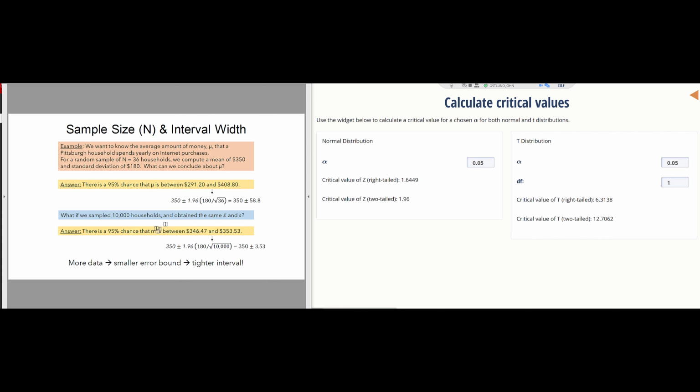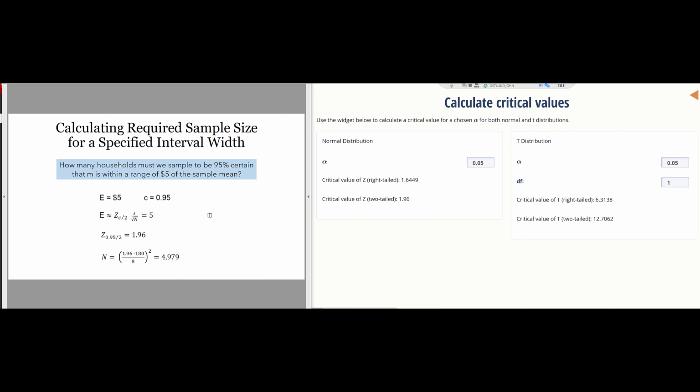That was illustrated up here, where we increased our sample size to 10,000 households instead of just 36, and that very tightly narrowed the error bound of our 95% estimate for the true mean.